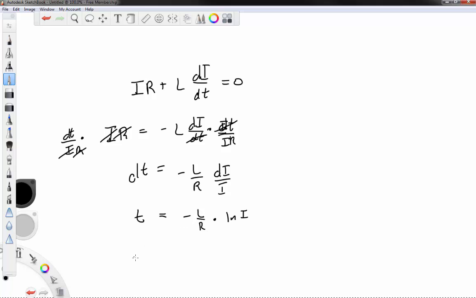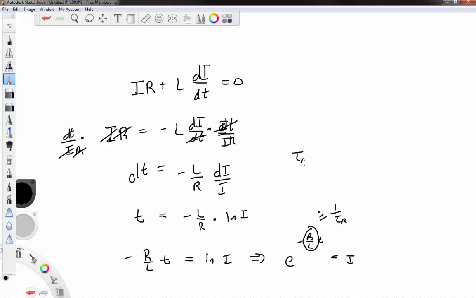So you'd have negative R over L times t is equal to the natural log of I. And so that means that e to the negative R over L t is equal to I. And so this right here we've defined as 1 over tau sub R, because tau sub R is L over R. And so all of this basically gives you that I is equal to negative e to the t over tau sub LR. And so that's your derivation.